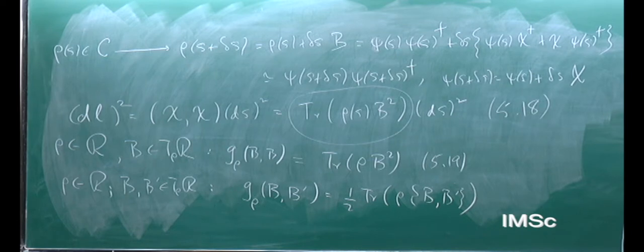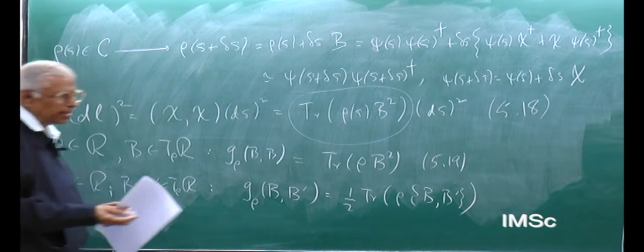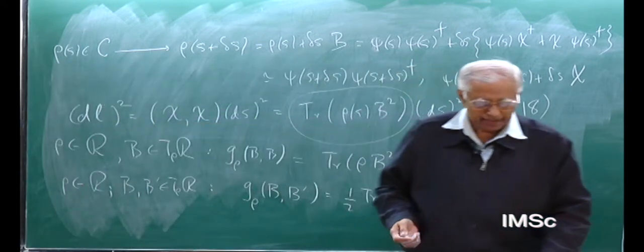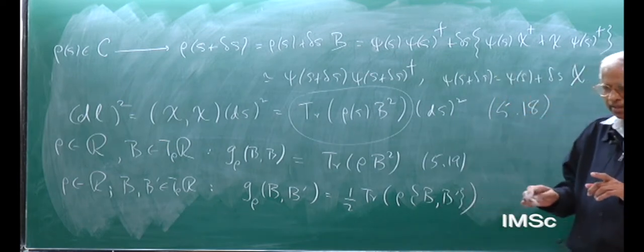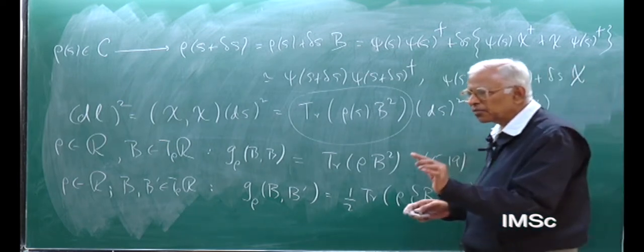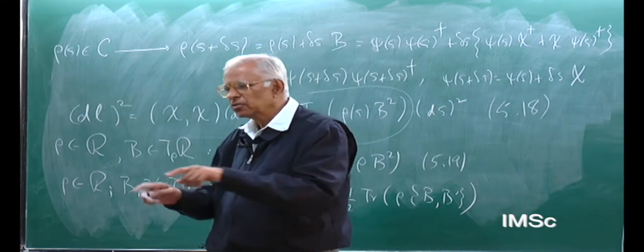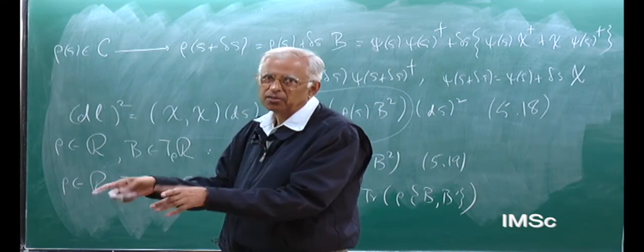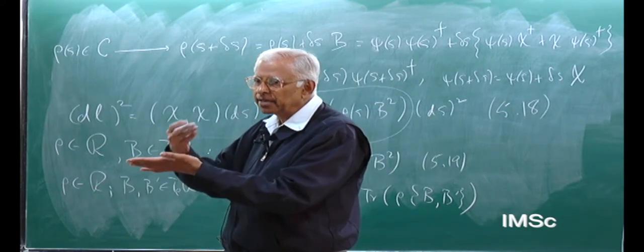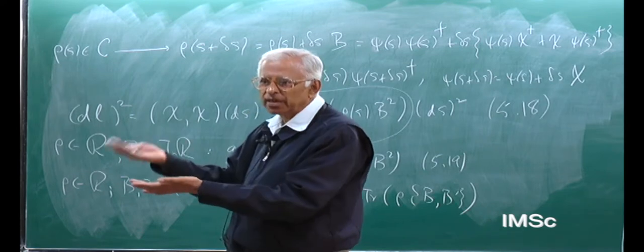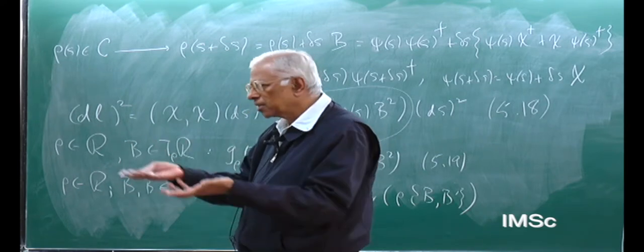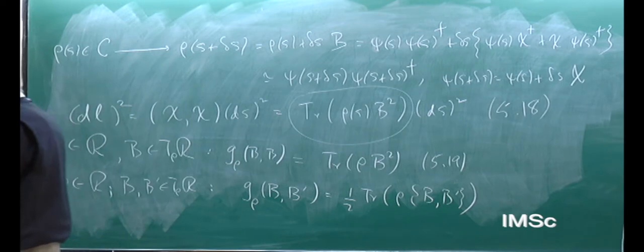It is like saying that in ordinary Euclidean space, if you know the dot product of all vectors with themselves, you know dot products of different vectors also. If you know x dot x for all x, you know x dot y for different x and y. What is the formula? Take x plus y whole squared minus x minus y whole squared and divide by 4.